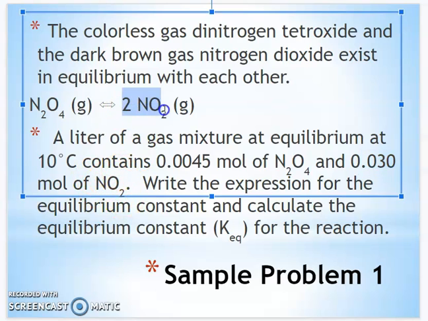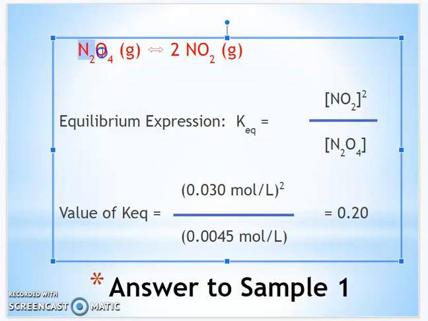So we have 0.030 moles of this guy. And I want you to write the expression for the equilibrium constant and calculate the equilibrium constant, or Keq, for that reaction. So if we go down a slide, here's our equation once again, copied down here.